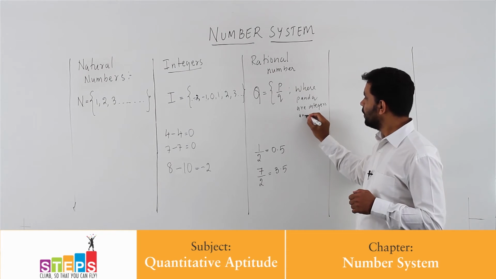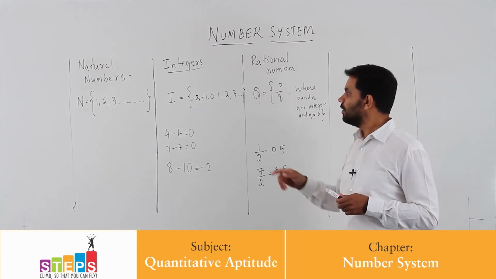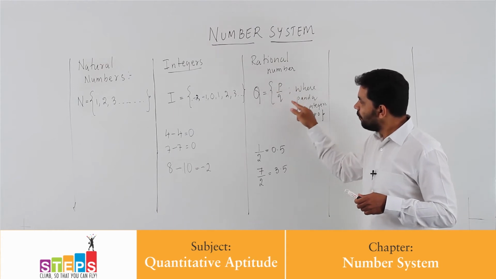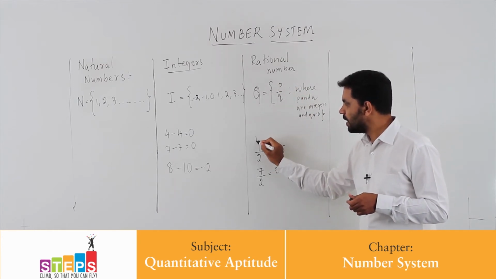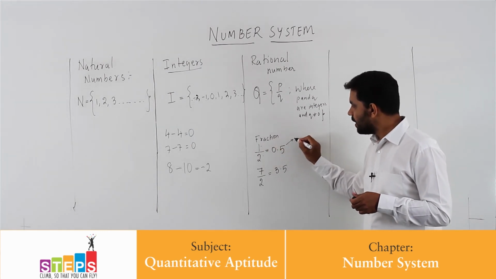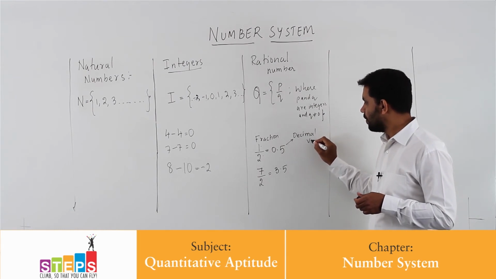And Q must not be equal to 0. Very important: you have to note here that P is an integer, Q is also an integer. This kind of representation we call a fraction. 1 by 2, 7 by 2, all these are nothing but fractions, and these are nothing but decimal values.